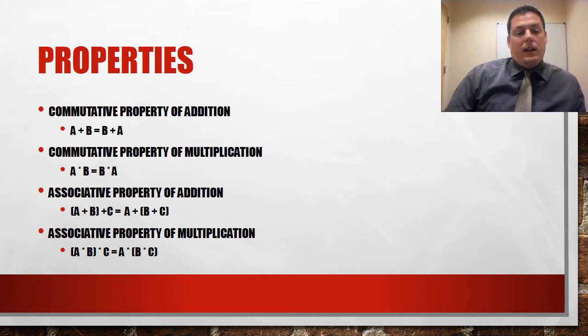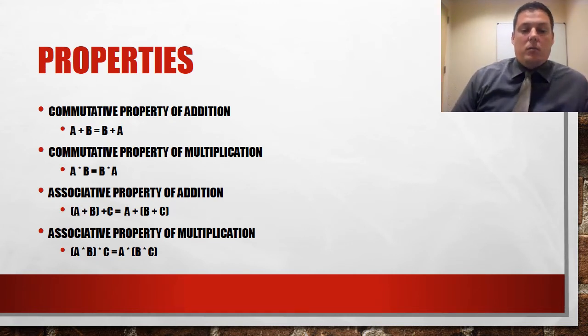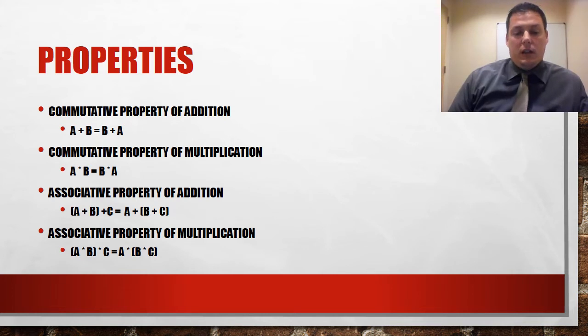So the properties now. Commutative property of addition, not communicative. There's no N in there. Commutative, like you are commuting. An easy way to remember this is if we have variables, A plus B equals B plus A. If you're commuting somewhere, you're going from point A to point B, and then back from point B to point A. Either way, you're traveling the same distance.